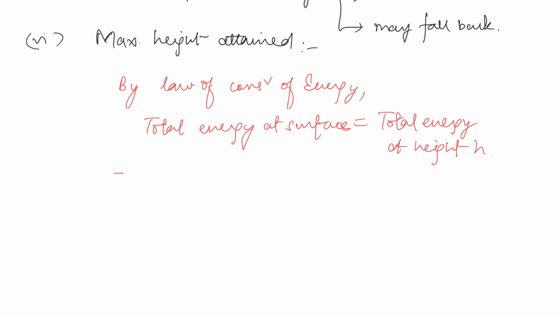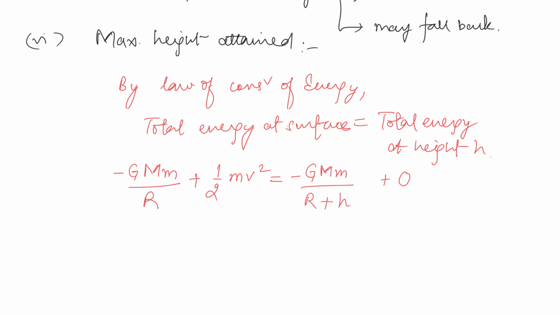So at the surface it will be minus GMm upon capital R plus half m v square. At height h, the kinetic energy will be 0 since velocity is 0. This will be minus GMm upon R plus h at a certain height h.